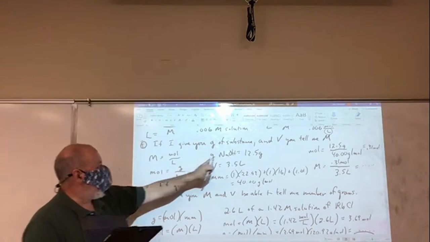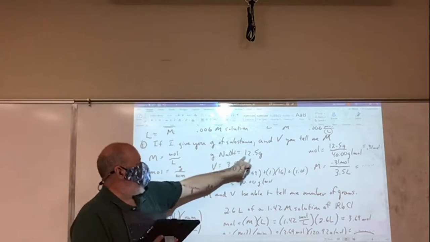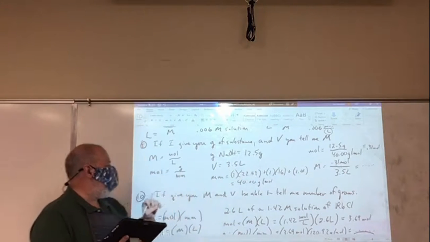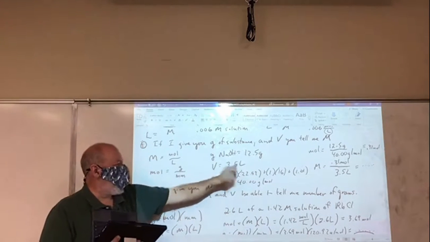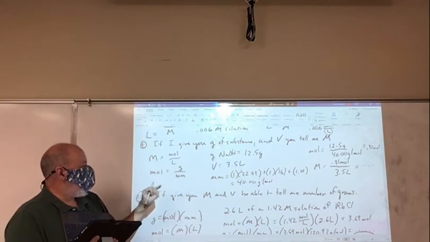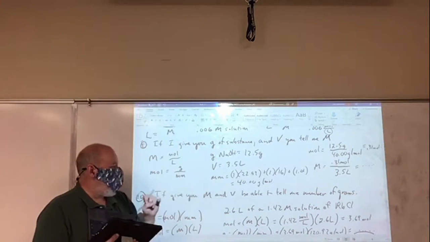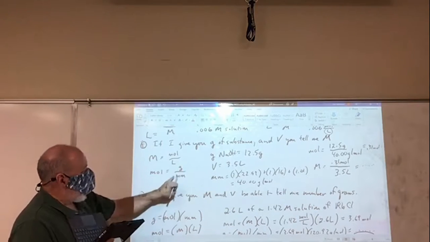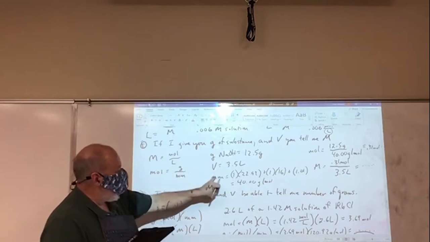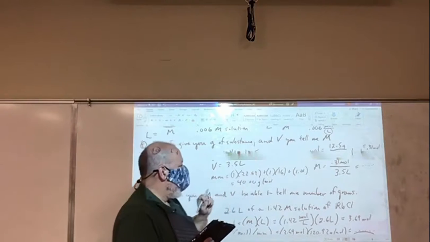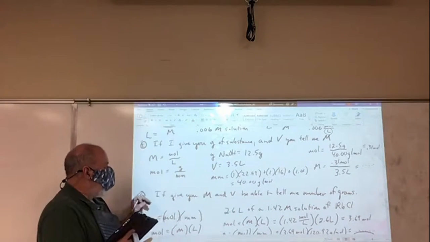I've given you grams, right? If I give you 12.5 grams of sodium hydroxide and a volume of 3.5 liters, I've given you grams so that you can figure this out. Oh, by the way, you also need to figure out the molar mass. I don't have the molar mass, so I need to go figure it out.